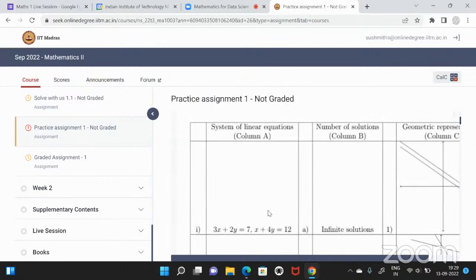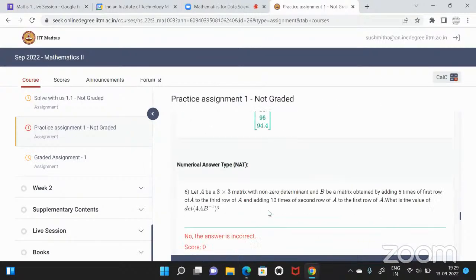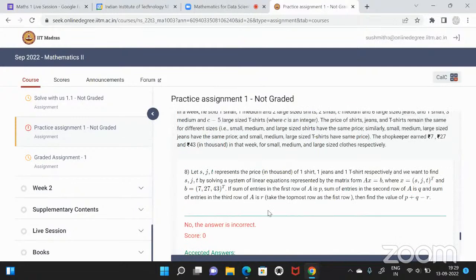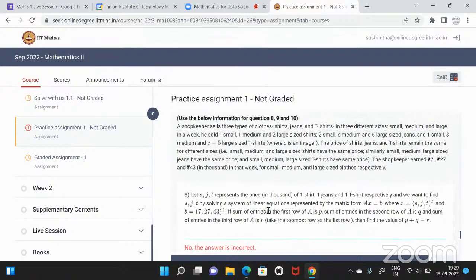Ma'am, on the 8th question. It is asking us to find the first row of P plus Q plus minus R, but we have another unknown variable C. It is easy to determine C from the 9th question, since they gave the determinant answer.